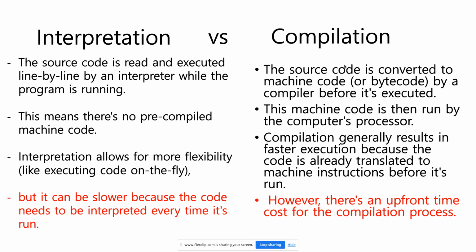So we have to wait until it's converted to machine code. But the execution time is faster than interpretation. There are pros and cons, because you have to wait until the compiler compiles the source code, and that's called the upfront time cost.